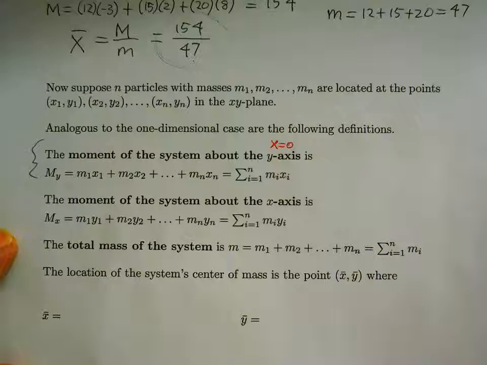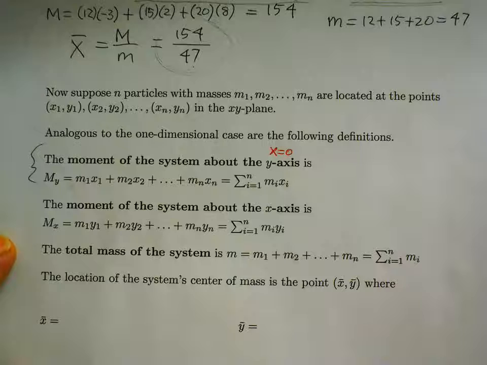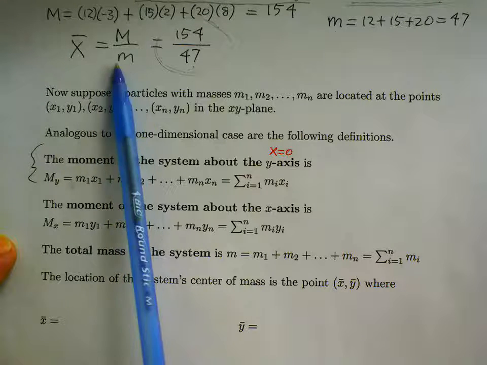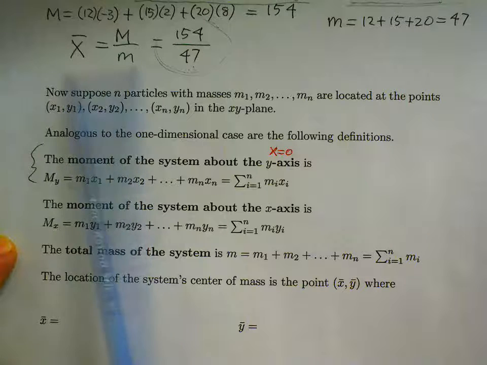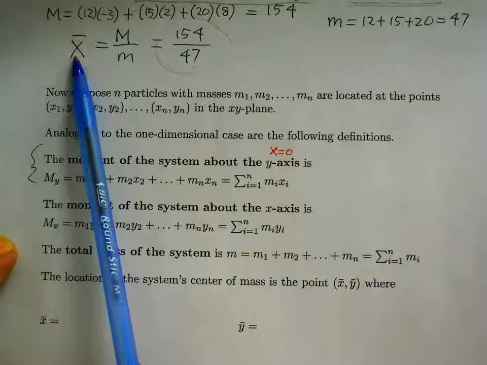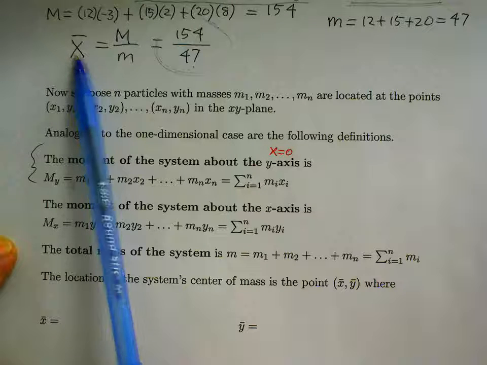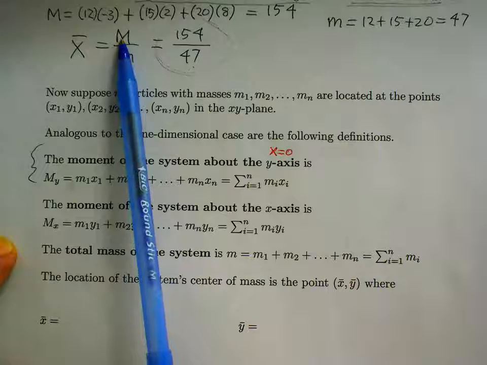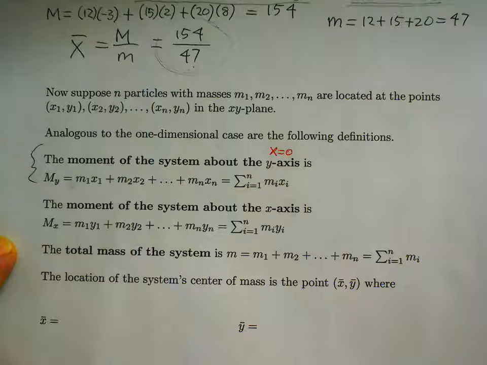Just in symbols to start with. So we can use the moment of the system about the origin in the previous example sort of as a guide. The center of mass on the x-axis is the moment of the system about the origin divided by the total mass.